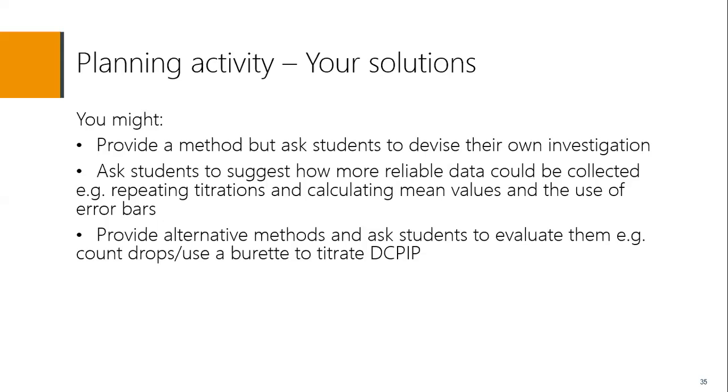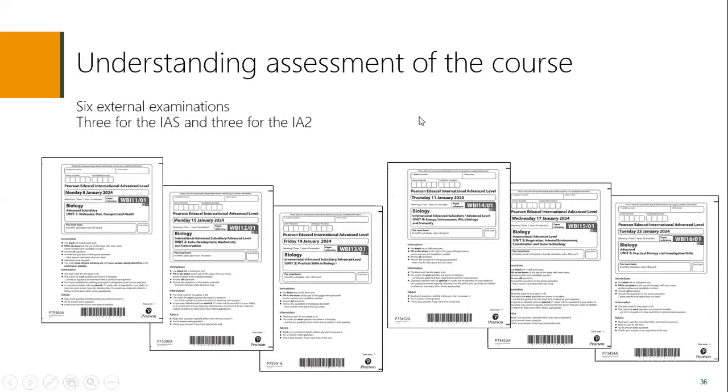Now we need to look at the assessment design. So as we said, there are 6 external examinations. This just shows you the 6 exam papers: 1, 2, and 3 for AS, and 1, 2, and 3, 4, 5, and 6 for the A2.